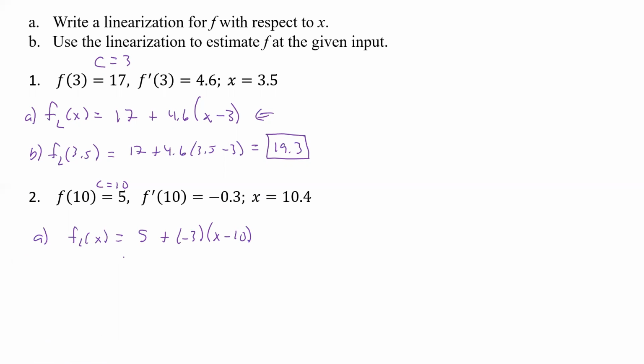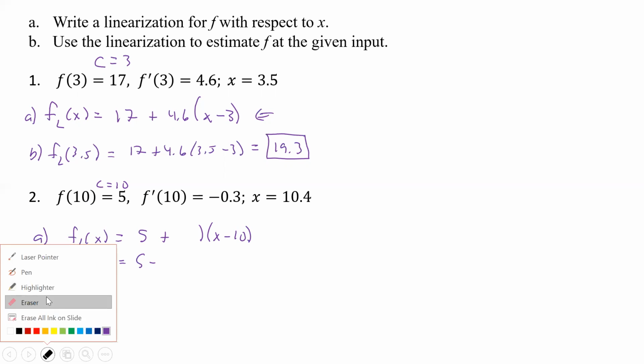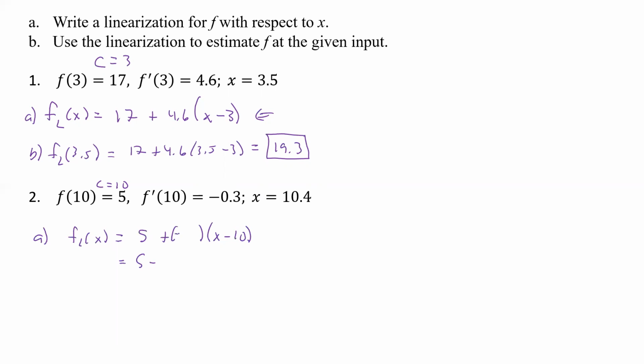Well, we could. We could say, okay, well, that's equal to 5 minus, oops, it's 0.3. I don't know where I got just a 3 here. Minus 0.3. And so we could say minus 0.3 times x minus 10. And so either way works. One has adding of the negative times, and one we just have subtract that. Okay, so either way will be fine as far as how you can write it.